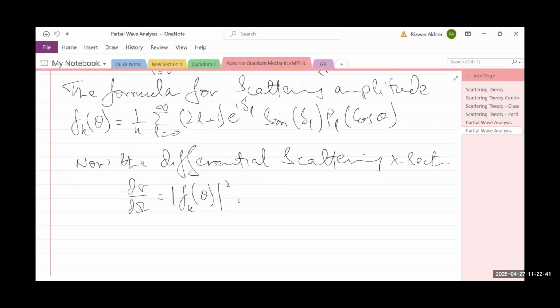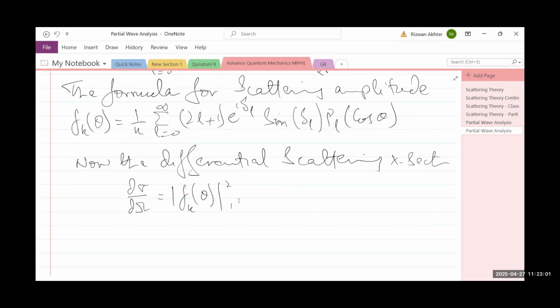So if there are no incoming particles or the particle energy is small, then the scattering amplitude fk would tend to zero.